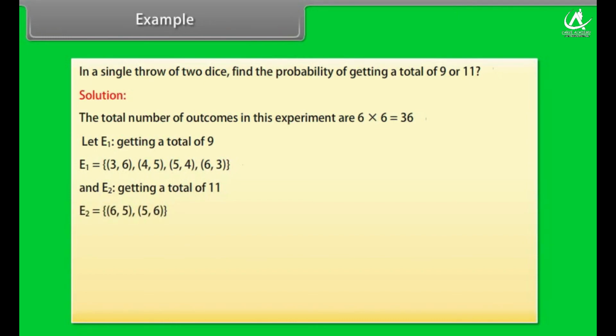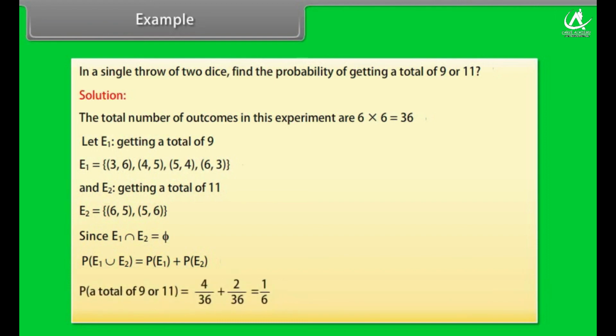E2 is equal to {(6,5), (5,6)}. Since E1 intersection E2 is equal to phi, P(E1 union E2) is equal to P(E1) plus P(E2). P(a total of 9 or 11) is equal to 4 by 36 plus 2 by 36 is equal to 1 by 6.